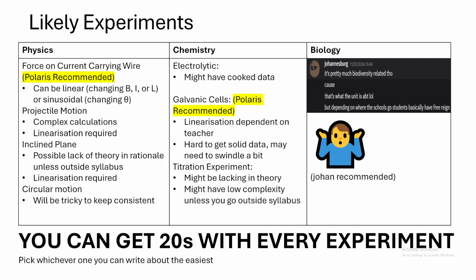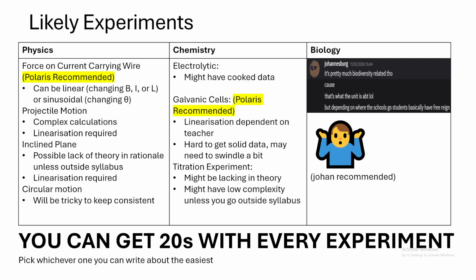With projectile motion, you have the range equation, which I can't remember off the top of my head, but it's like v squared sine 2 theta over g or something. Inclined plane, you'll be doing mg sine theta. Circular motion, you'll do v squared over r.